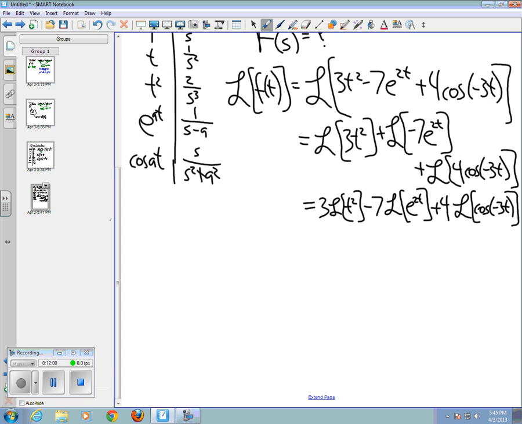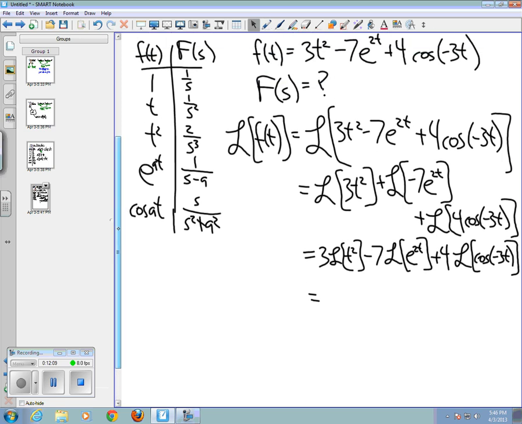And now we can use the table to help us out. We see from the table that the Laplace transform of t squared is 2 over s cubed. So we have 3 times 2 over s cubed minus 7 times the Laplace transform of e to the 2t, which will be 1 over s minus 2.